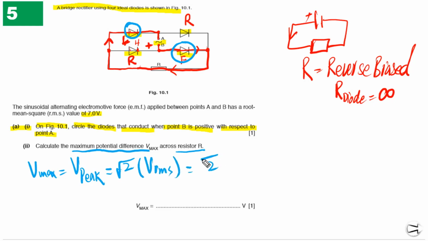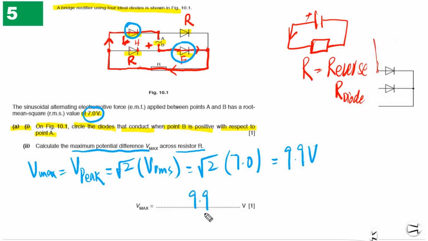In this case, Vrms is given to us. This is the value of Vrms. Simply we can plug in the value of Vrms. If we just multiply this, we will get our final answer, that is equal to 9.9 volts. So this is our final answer up to 2 SF.